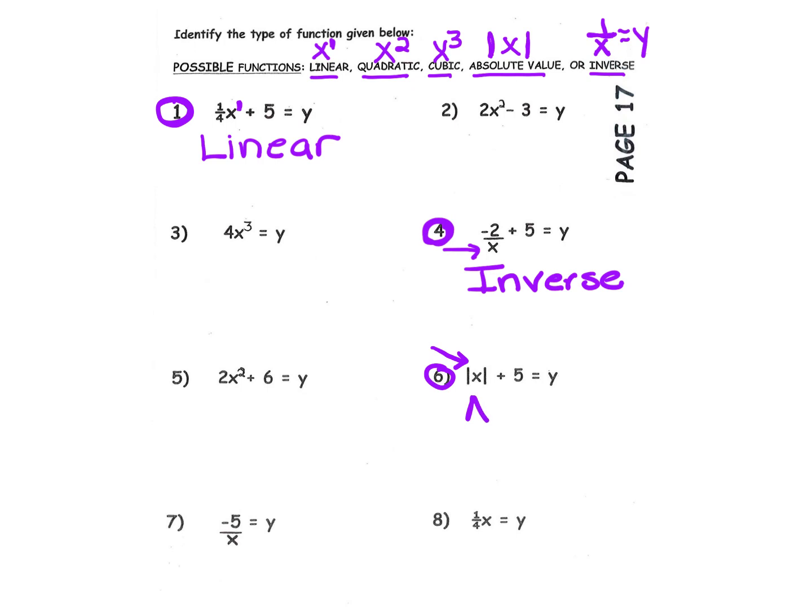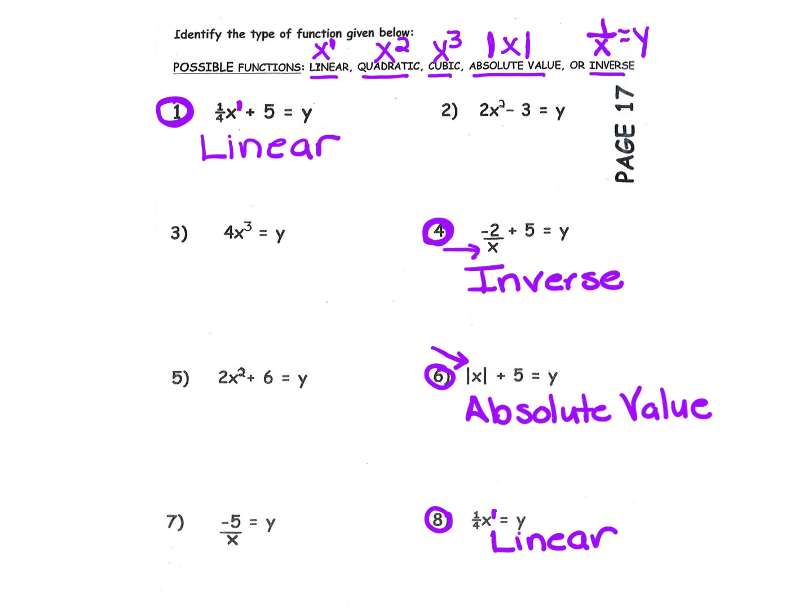So clearly, this is an absolute value function. And lastly, take a look at number 8. 1/4 times x equals y. Well, although we don't always write it, we know x is to the first power there. So this equation would graph as a line. It is a linear equation.